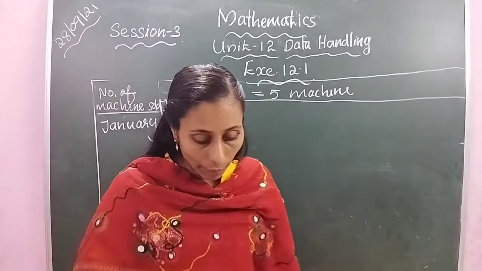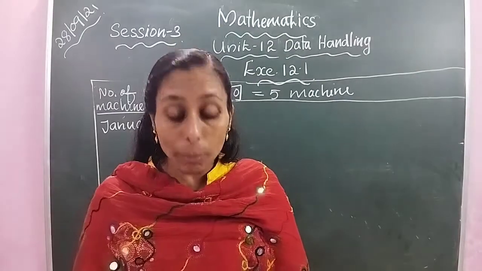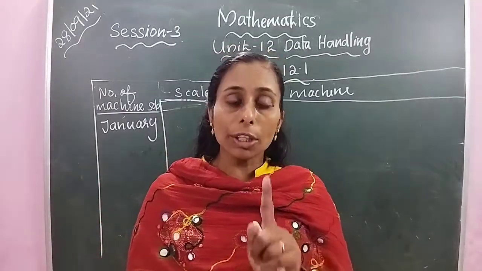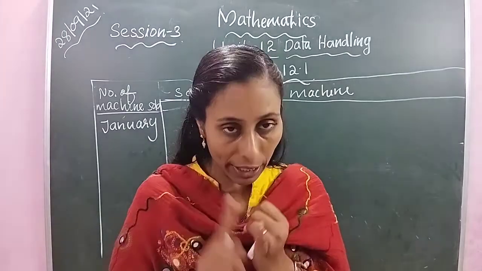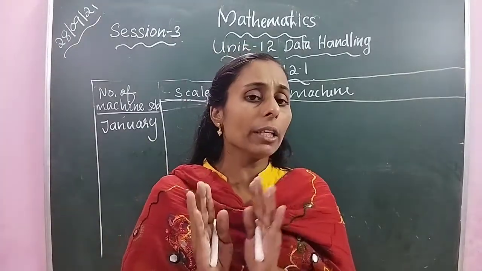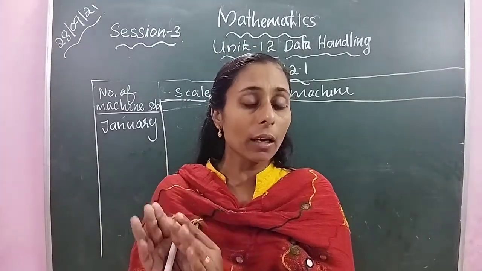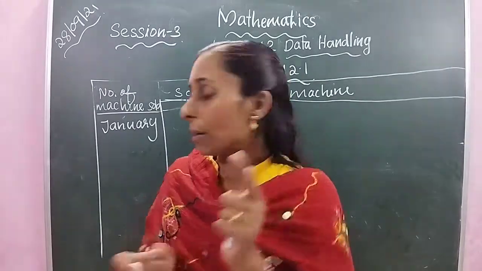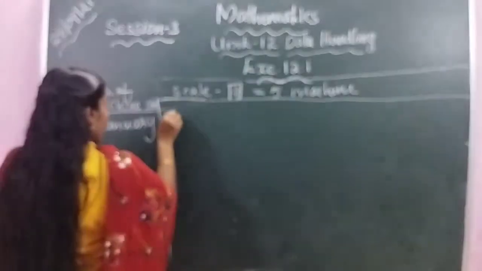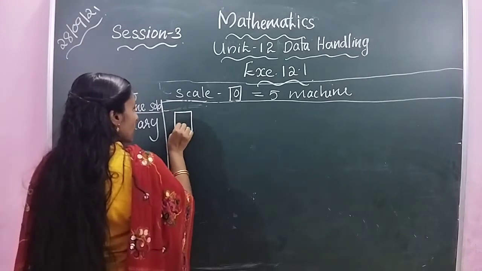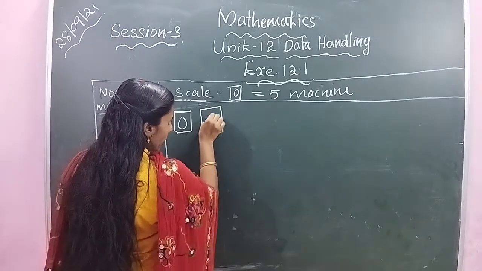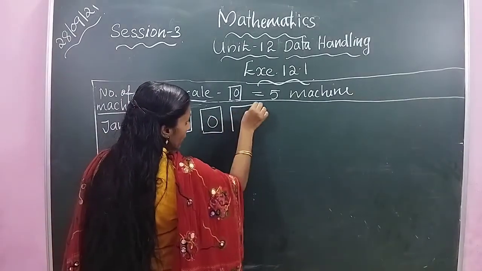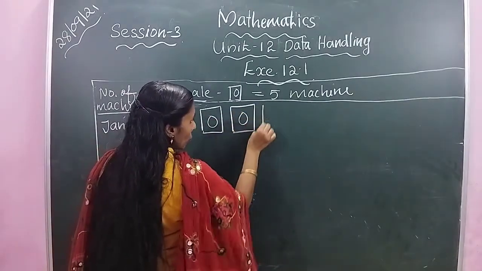Next, January: how many machines sold? 20 machines sold in January. So how many symbols should we draw there? One symbol represents 5 machines. 5, 10, 15, 20.